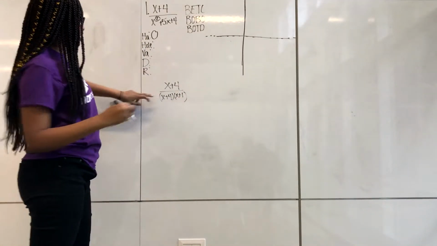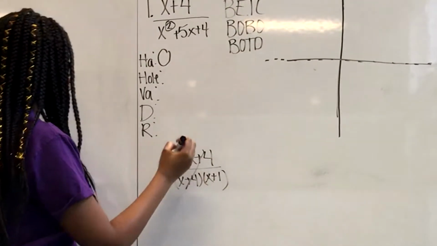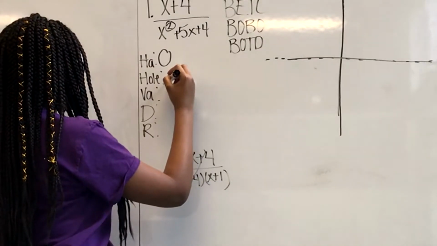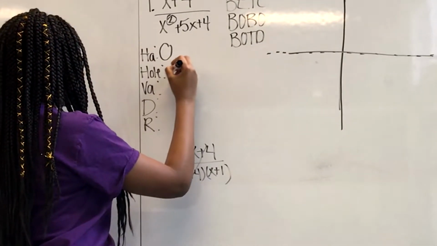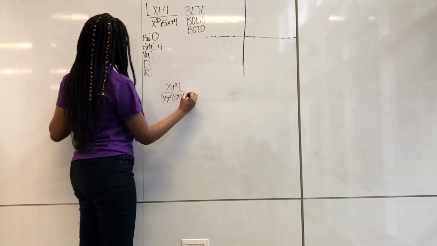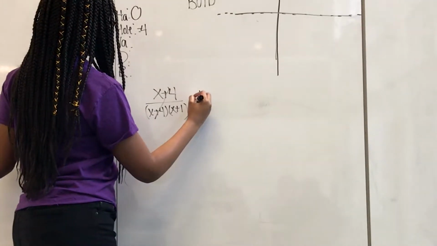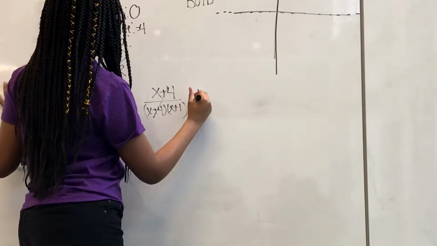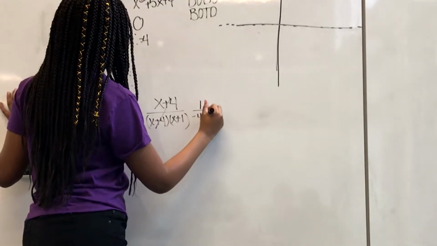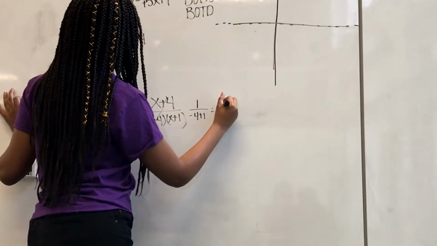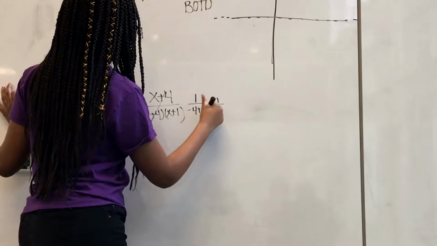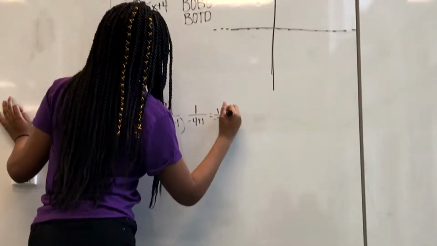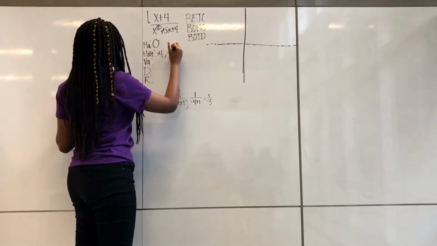And whatever cancels out, you set it equal to 0, and that's your x value. So that's going to be -4. And then you plug it in, so it's a 1 on top, and that's -4 plus 1, which is -3, so 1 over -3. So the y value is -1/3.